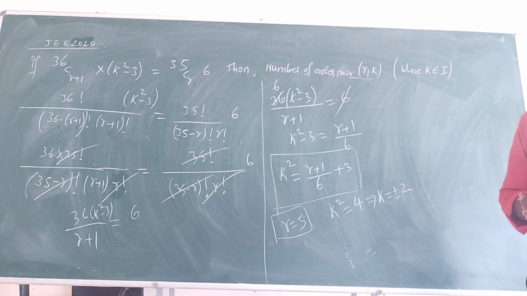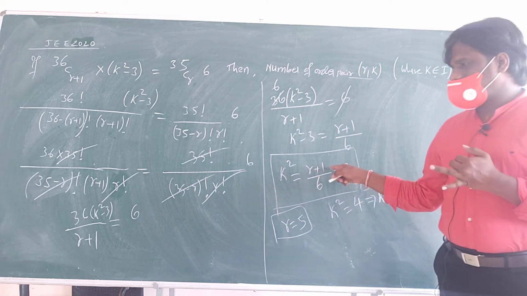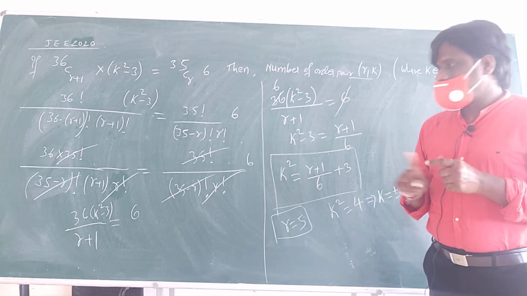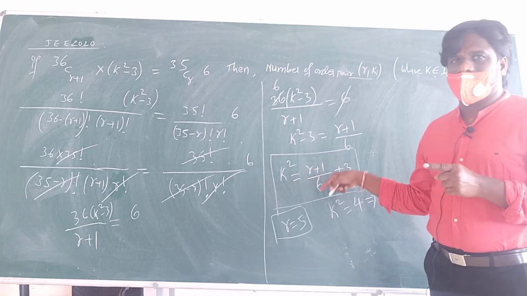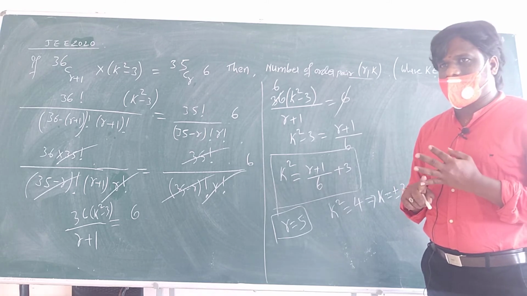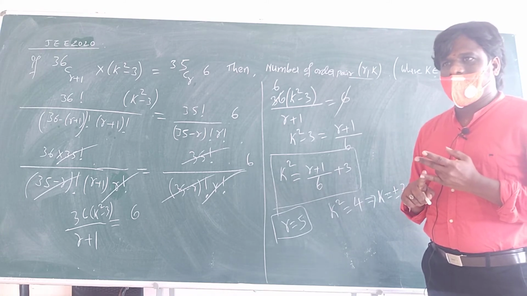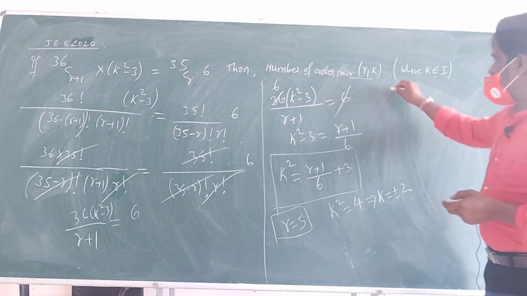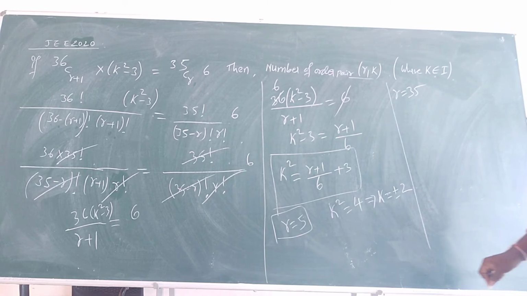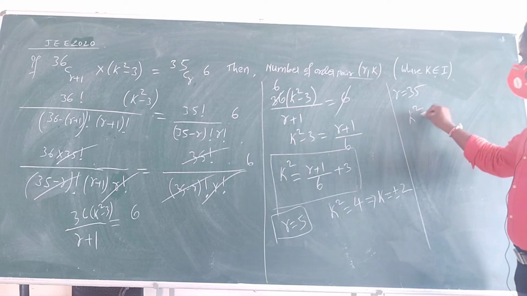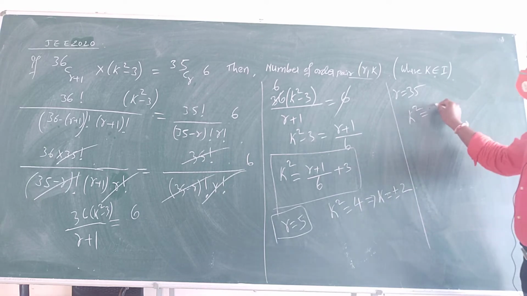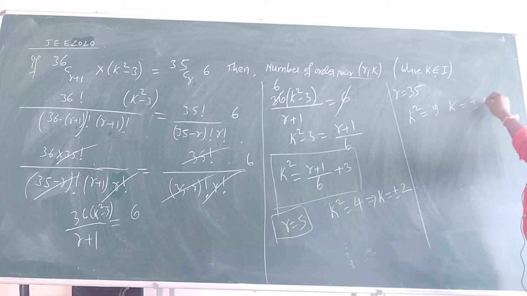0 not possible, 1 not possible, 2 by 6 not possible, 3 not possible, 4 not possible, 5 possible, 6 not possible, 7, 8, 9, 10, 11, 12, 13, 14, 15, up to 35. 35 is possible. If I keep r is equal to 35, k square is 36 by 6, that is 6, plus 3 is 9, so k is plus or minus 3.